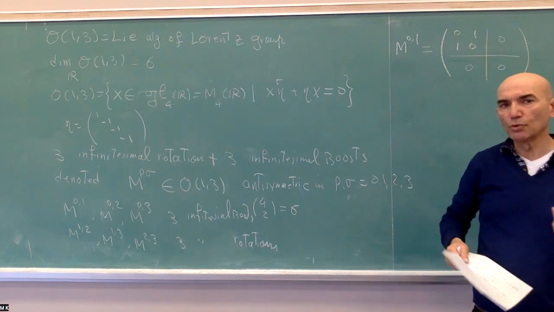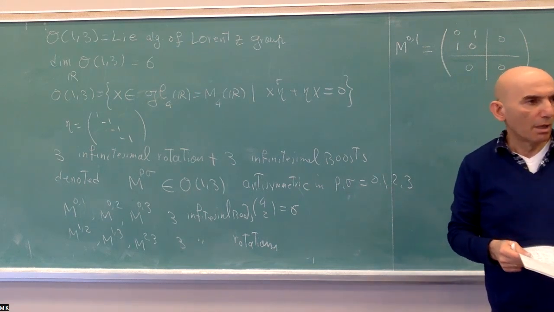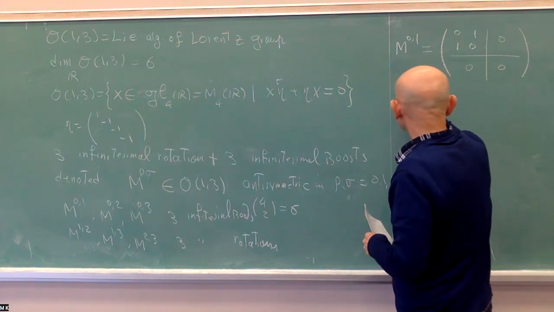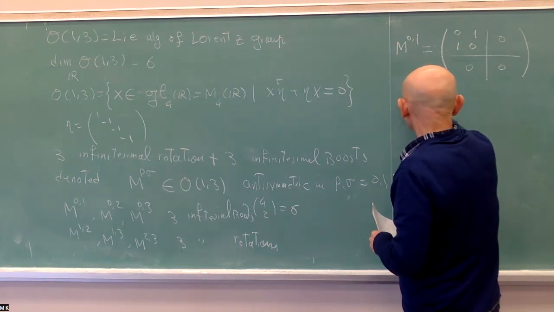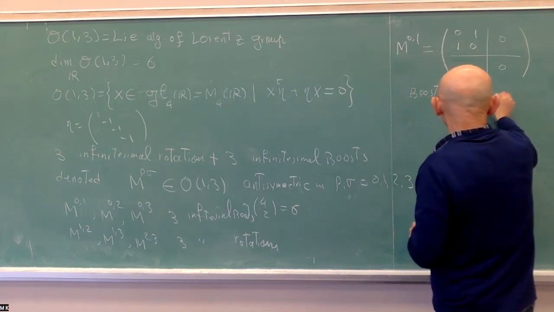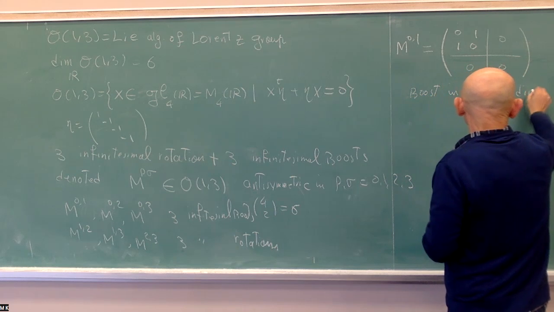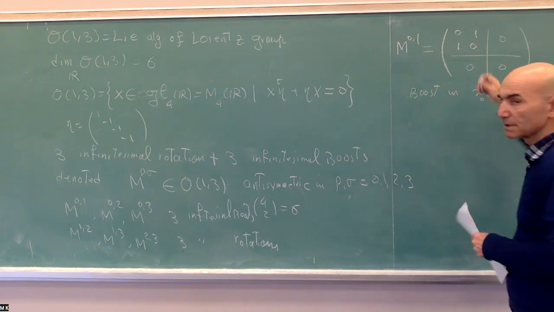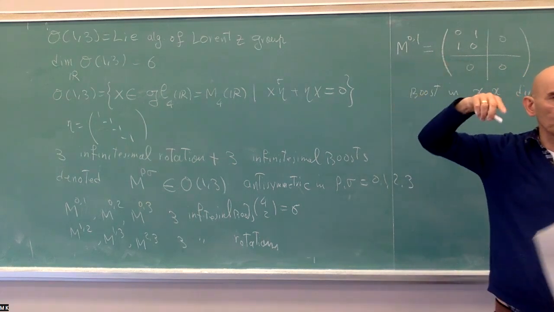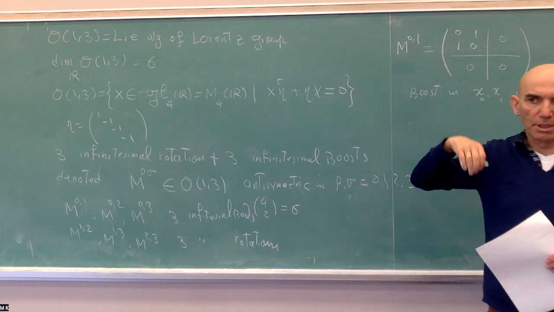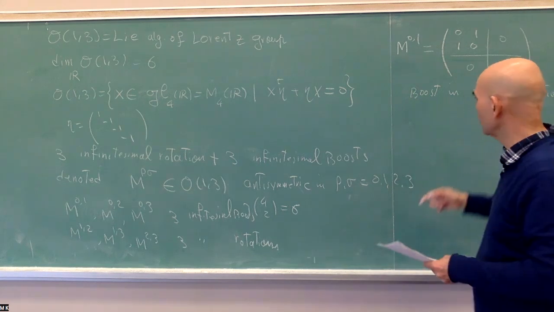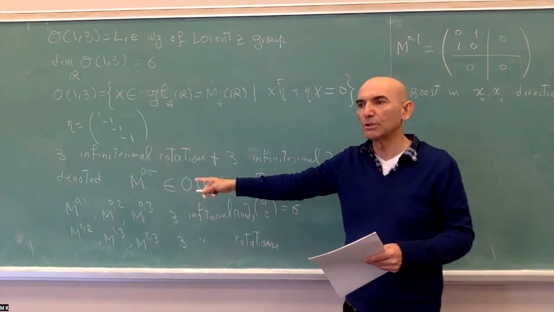So this is an infinitesimal boost in the x0 and x1 directions: one time direction, one space direction. You do nothing on the other coordinates. And this is, of course, the derivative of the hyperbolic rotations, with cosh and sinh, at the identity. And similarly, you know how to do M02 and M03.